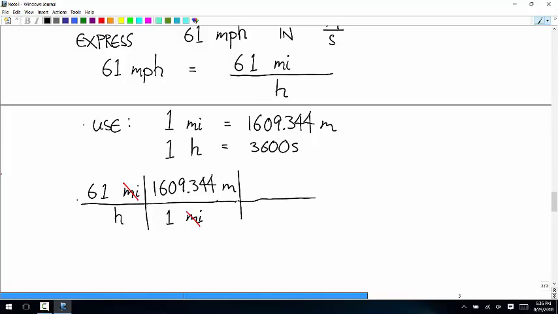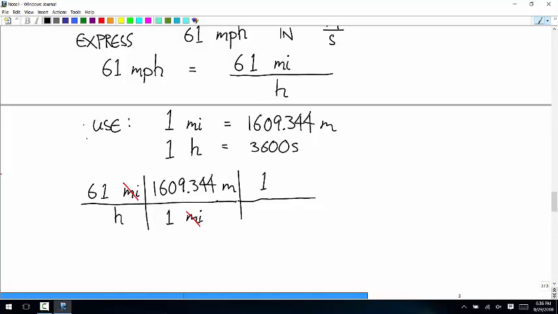And so if we multiplied this out now, the number we would get would have units of meters per hour. But we want meters per second, so now we have to cancel out that hours. We're going to use either 1 hour over 3,600 seconds or 3,600 seconds over 1 hour. Which one do we want in this case? We want the hour on top to cancel the starting hour in the denominator.